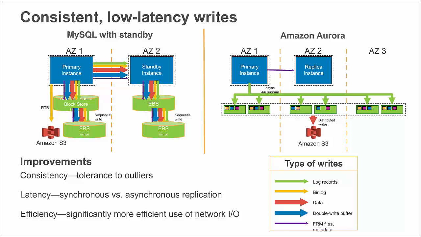We are writing from the primary instance to the primary storage. The primary storage, which is EBS, is a mirrored storage, so there are 2 copies of it. From the primary EBS volume, it gets written to the mirror, and from the primary instance, we replicate the data to the standby, and then the standby writes it to its own EBS volume, and from that EBS volume, it writes to its mirror. All this is synchronous; till all these writes are done, no ACK comes back.